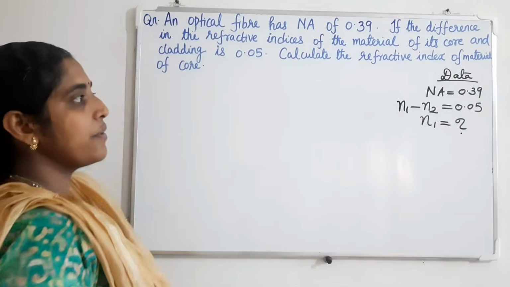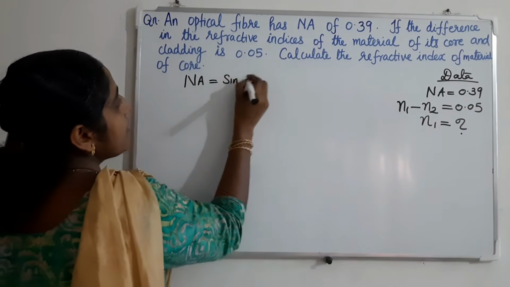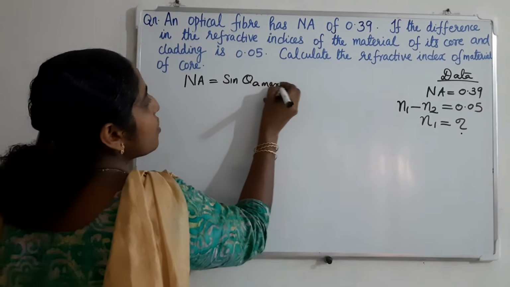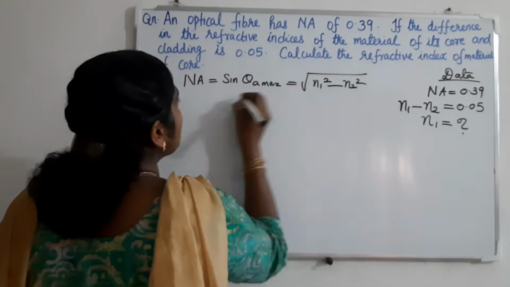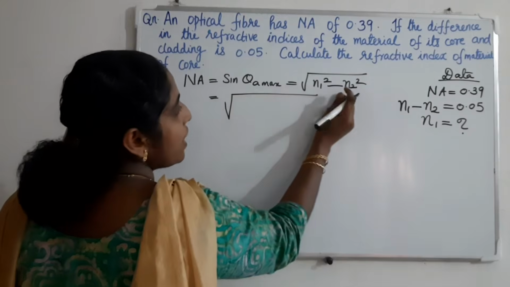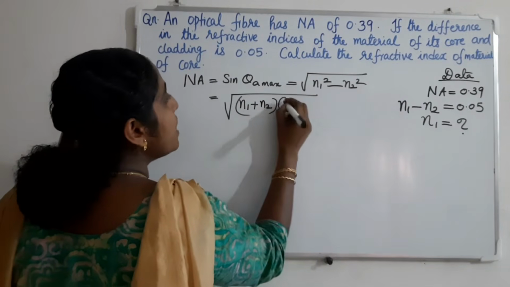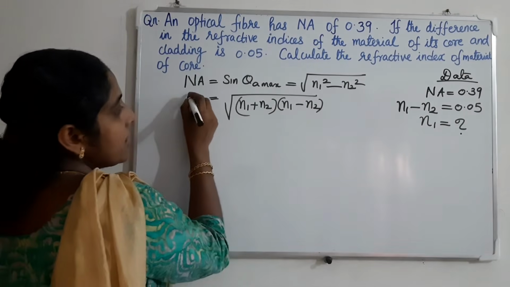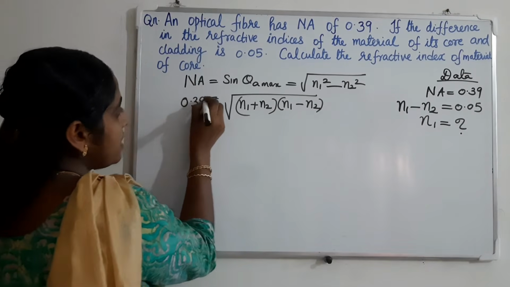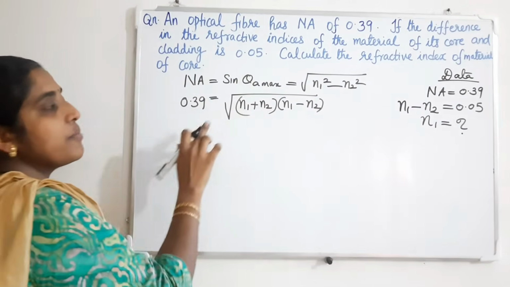So how can we find out? This numerical aperture is equal to sin theta A maximum is equal to root of N1 square minus N2 square. So this root of N1 square minus N2 square we can write as N1 plus N2 into N1 minus N2. So we can substitute here. This numerical aperture is 0.39. So we can take the square of this in order to remove the square root.